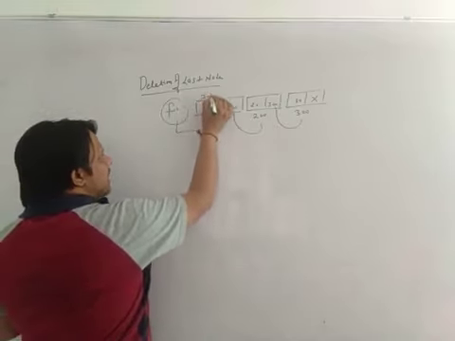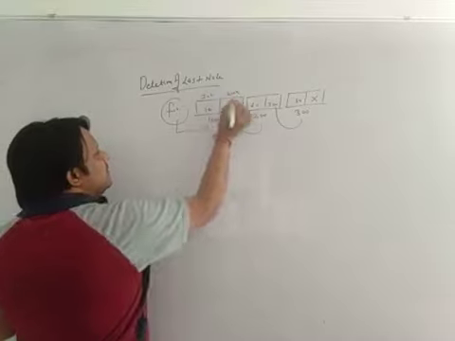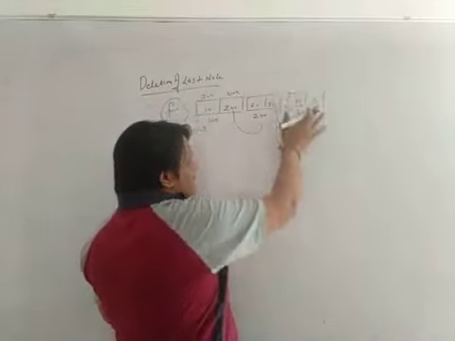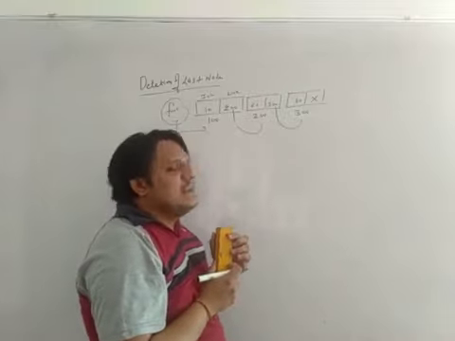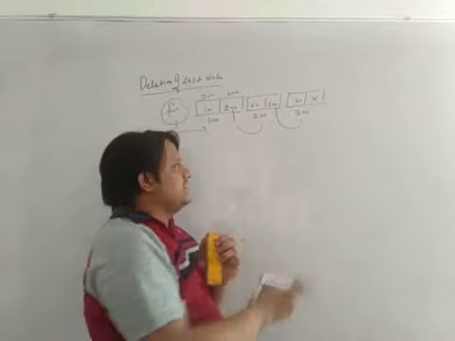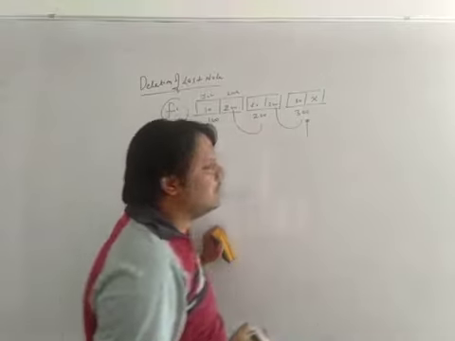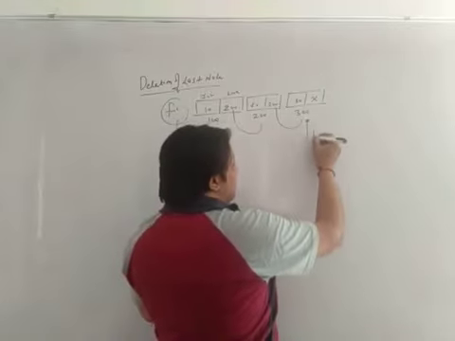This is the info part and this is the link part. So now tell me guys, if I want to delete this node, what all addresses are important? Since I want to delete this node, I want to reach this. This is important. Fine. So let's suppose this is ptr.